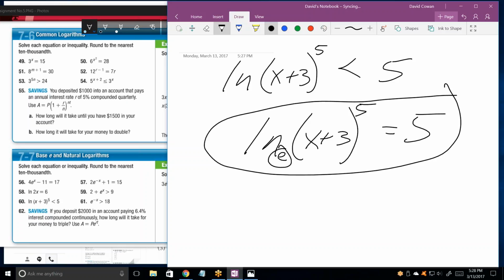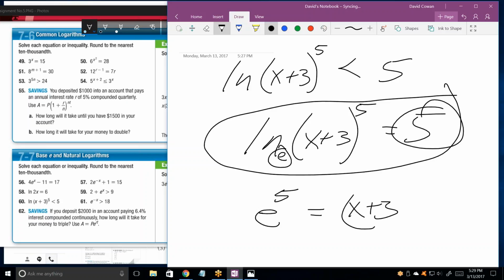So e to the 5th, the number on the far right, equals everything in the middle, x plus 3. Now I can solve that. That's an exponential equation. I can get that number out of my calculator, take the 5th root of it, subtract 3, and I come up with x.